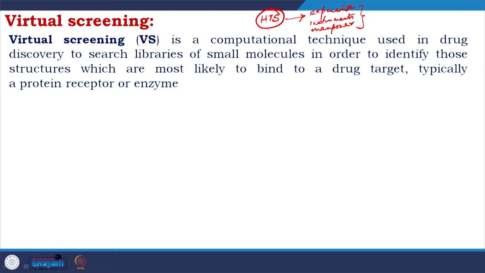So, people started understanding the process of high throughput screening and tried to replace it with a computational process, and that is called virtual. So, you do the screening in a virtual world, that is why it is called virtual screening.